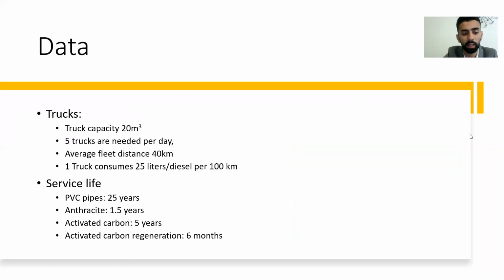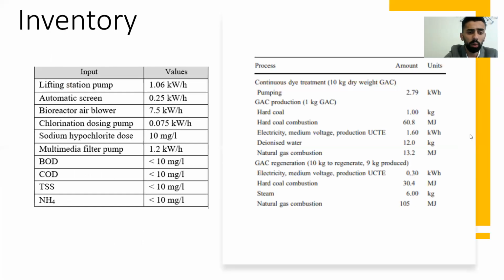Also, we have gathered some data from different sources to do the needed calculation and analysis. For the transportation, this is the truck capacity that we have used, the quantities, the distances, and the fuel consumption data. And in terms of the service life, it was done for the PVC pipes, anthracite, and the activated carbon. Now here are some of the inputs that we have used in our calculations.